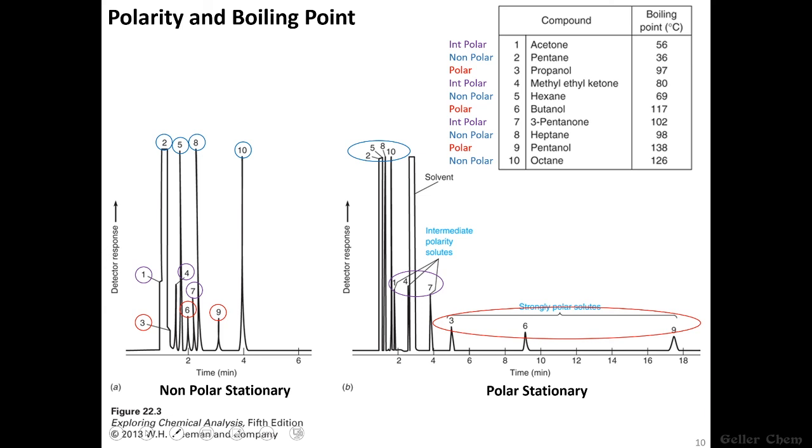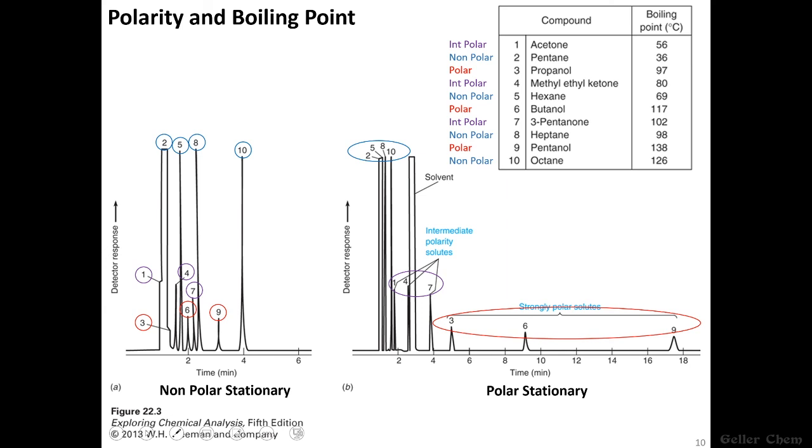For example, propanol, which is number 3, and heptane, which is number 8, have roughly the same boiling point, 97 and 98, basically the same, but because it is nonpolar, it is retained longer by our nonpolar stationary phase than the polar propanol.